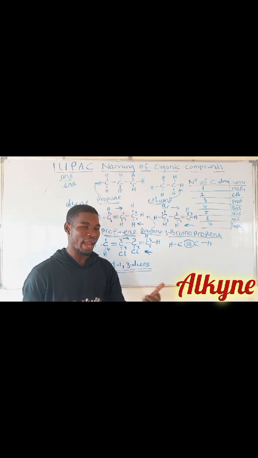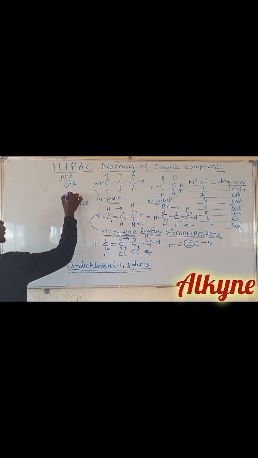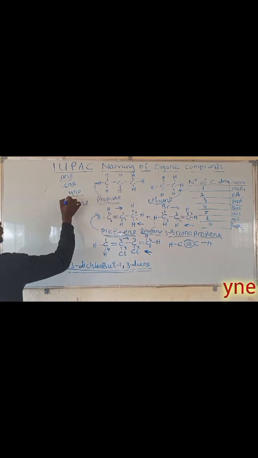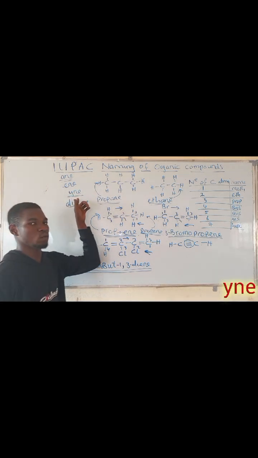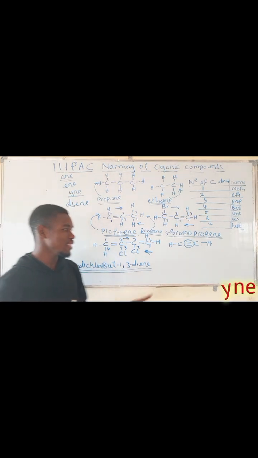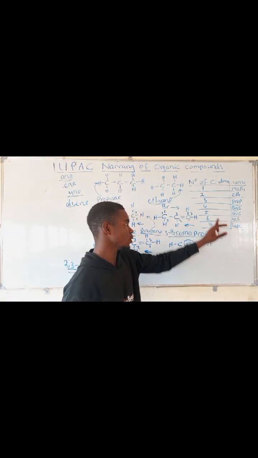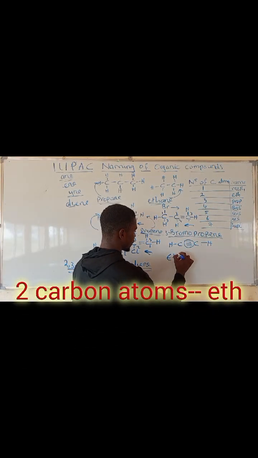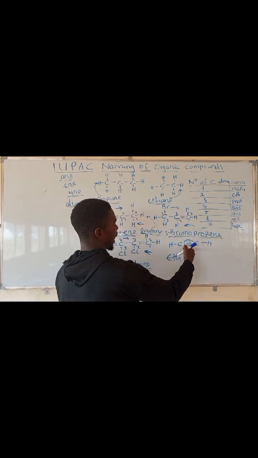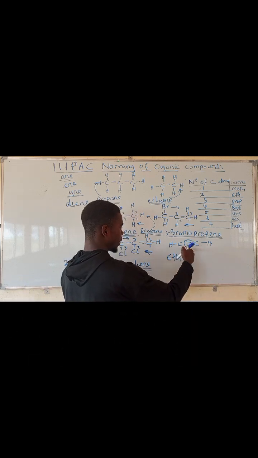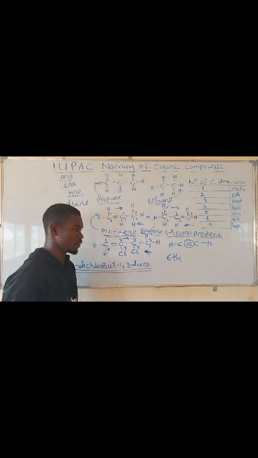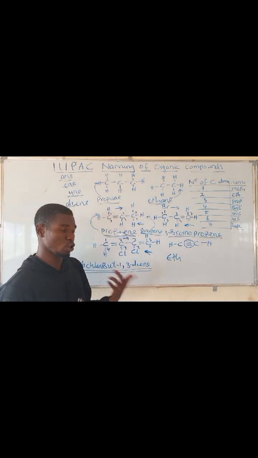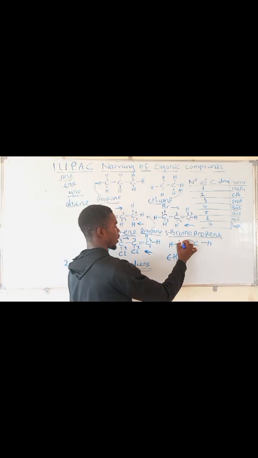And friends, for alkynes, the names must end with YNE. Okay? It is an alkyne, so the name must end with YNE. And since there are 2 carbon atoms, the name must start with eth. So this is what we have, eth. Since it's an alkyne, and friends, if you want to look at the position of this triple bond, since we have those 2 carbon atoms, it cannot be found anywhere except position 1. So we have 1, 2.